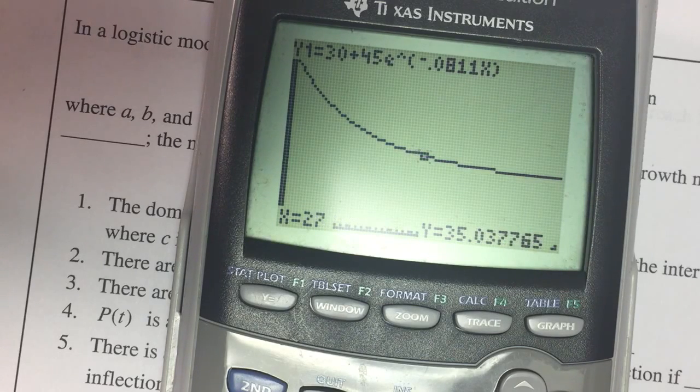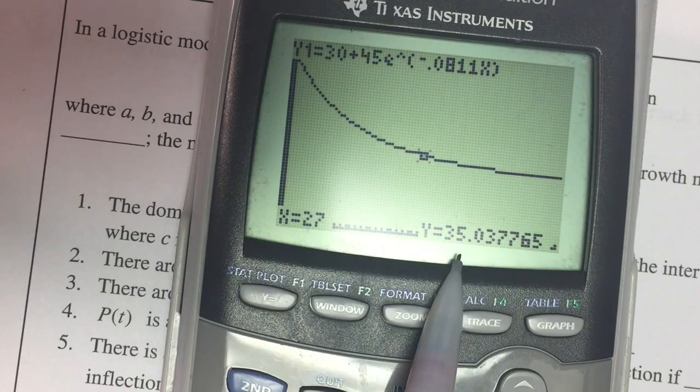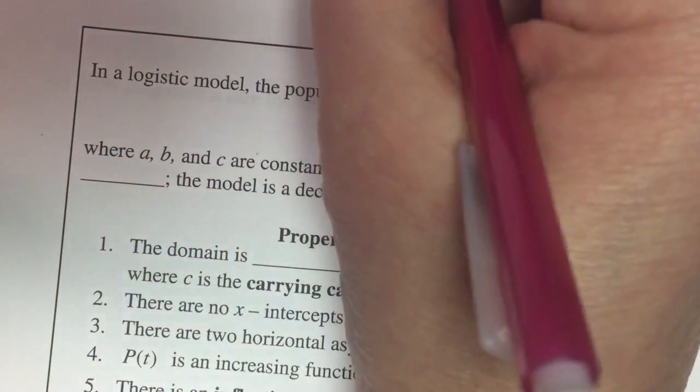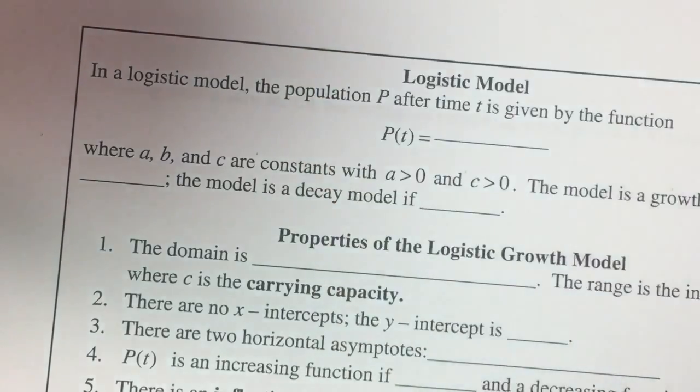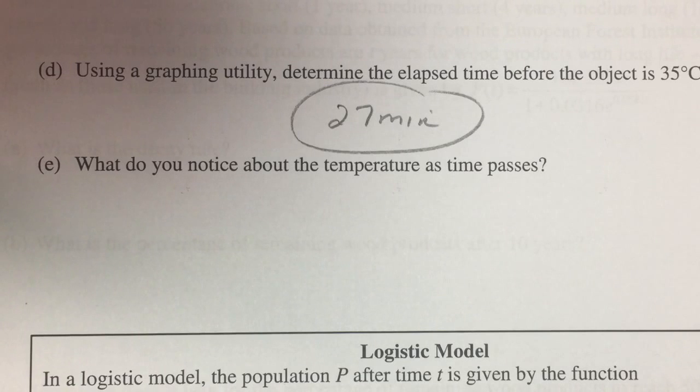It's really close to 35 right there. What is my x, or my time, when it hits 35 degrees? You can see that my x is about 27 minutes. So after 27 minutes, that 75 degree object will be down to 35 degrees.